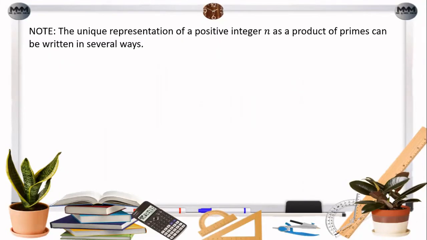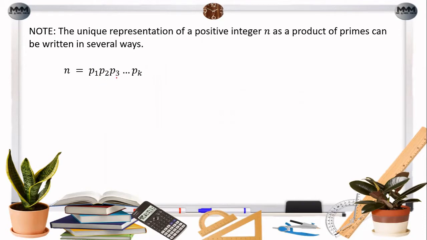Now note here that the unique representation of a positive integer n as a product of primes can be written in several ways. First, we can write n, a positive integer n, as a product of primes.